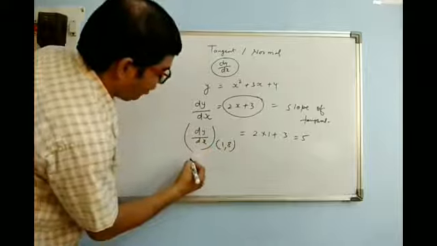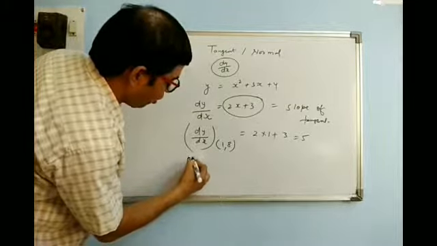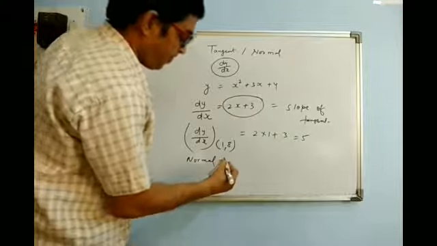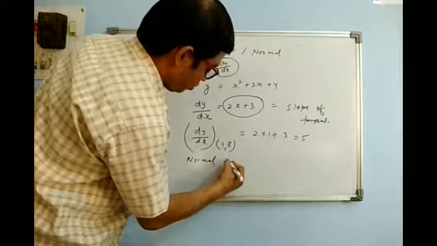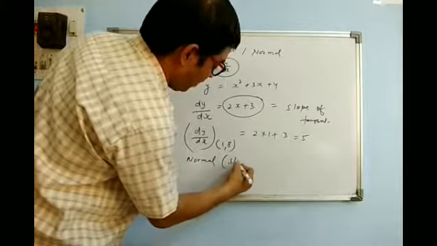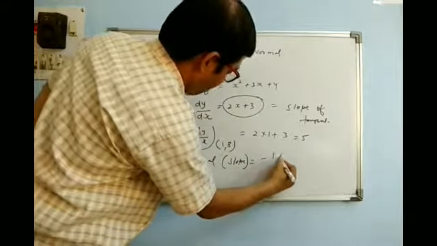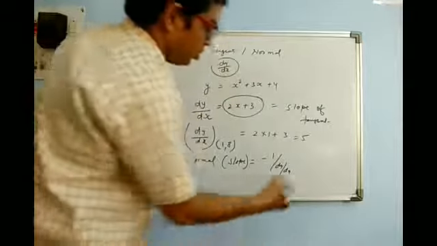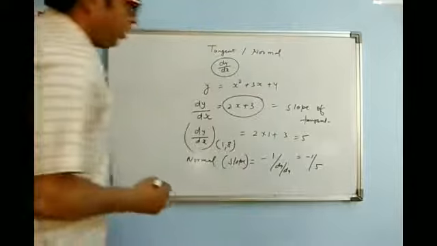Okay, if we have to find the slope of normal to a curve, normal is a line perpendicular to the tangent at the point of contact. So the slope of normal is the negative reciprocal of the slope of tangent. So it is coming out to be minus 1 by 5 here.